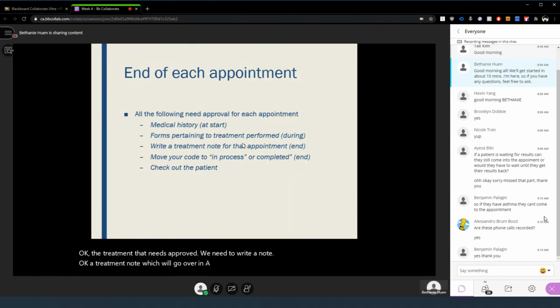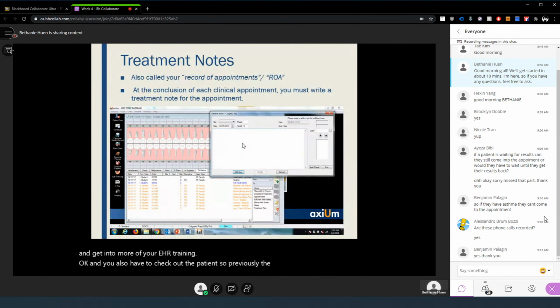And you need to move your code from planned to in process completed. That part will make more sense as we get into more of your EHR training. You also have to check out the patient. Previously, patients used to be checked out at client services, and now they're checked out directly in clinic.